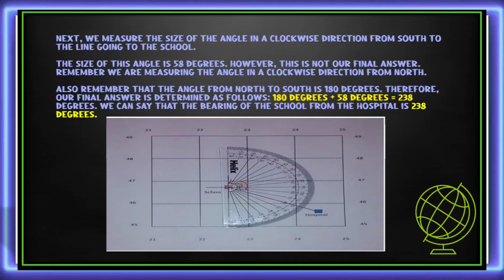Also remember that the angle from north to south is 180 degrees. Therefore, our final answer is determined as follows: 180 degrees plus 58 degrees equals 238 degrees. Therefore, we can say that the bearing of the school from the church is 238 degrees.